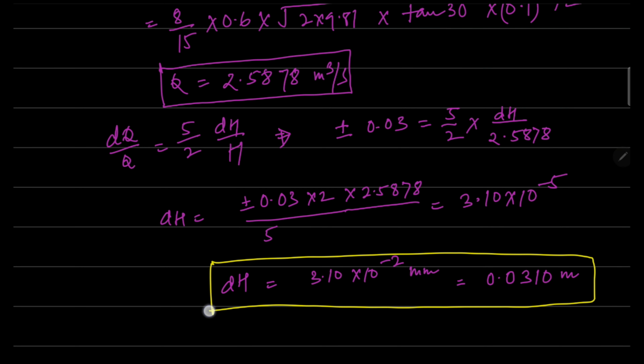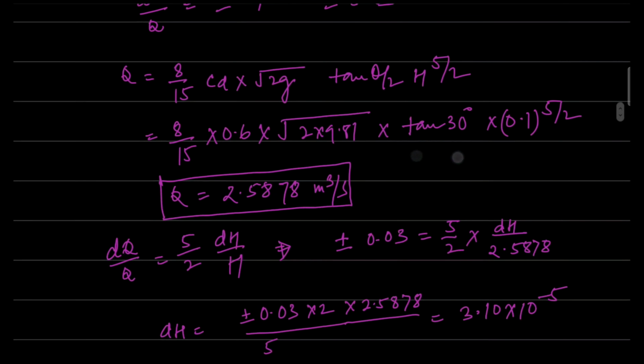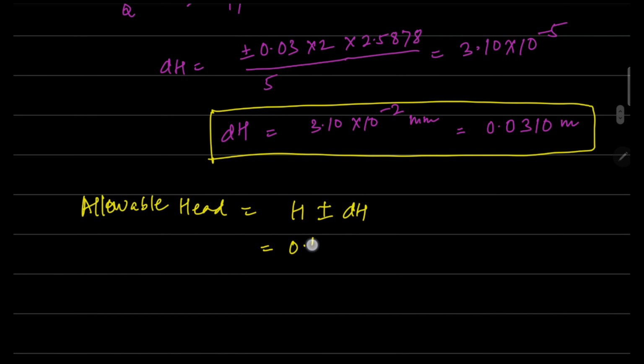So the allowable head will be equal to h plus minus dh. That is 0.1 meter plus minus 0.0310. So this value will come out to be either this value if we take the plus sign, or this value if we take the minus sign.